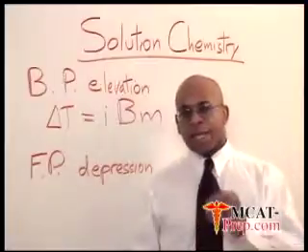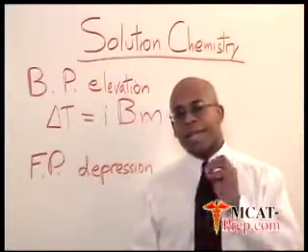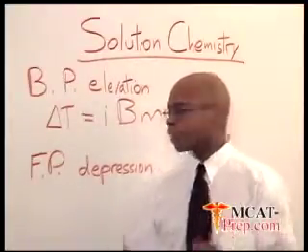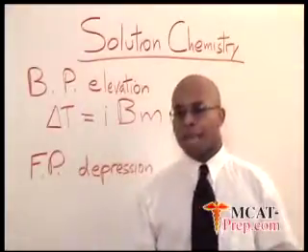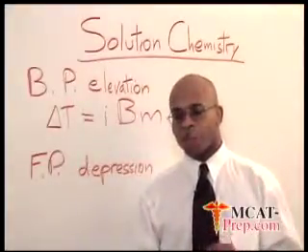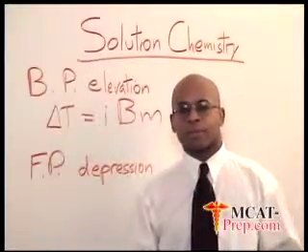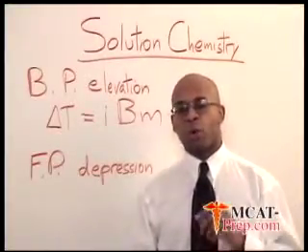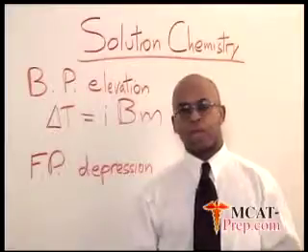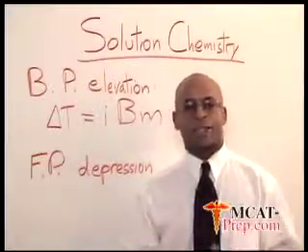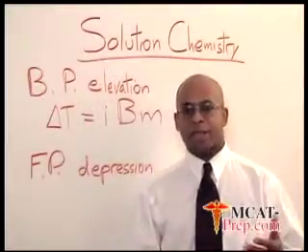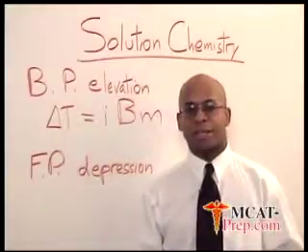So then they ask you, take the same amount of salt, the identical molality of salt, and add it to the water. What would the new boiling point be? You may want to take a moment to consider this and pause and then come back and we'll discuss it.